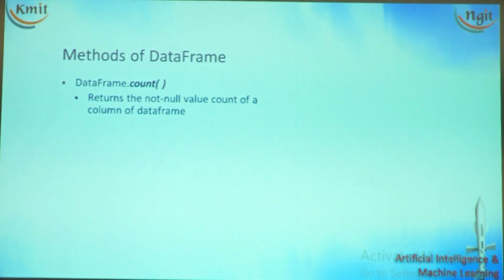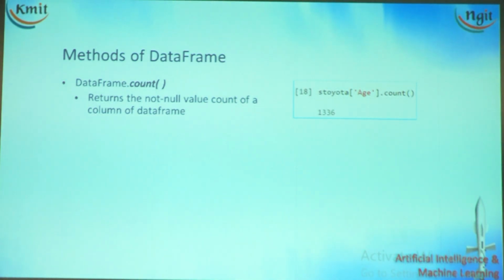Okay. Next method is what? Count. What will count give? Count will give me non-null values, guys. Again an important indicator. All of you please do it with me. Apply the count method on your data frame. The important part there is non-null objects. Apply it to the column of age.